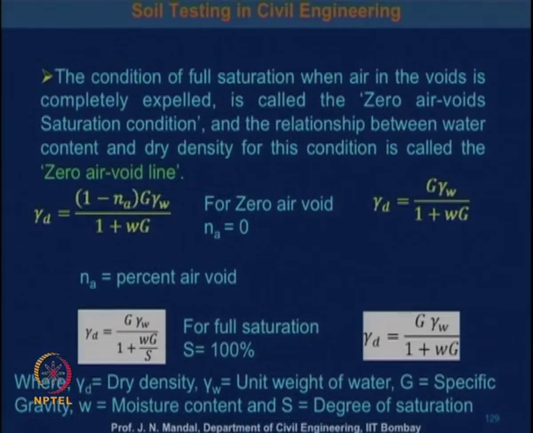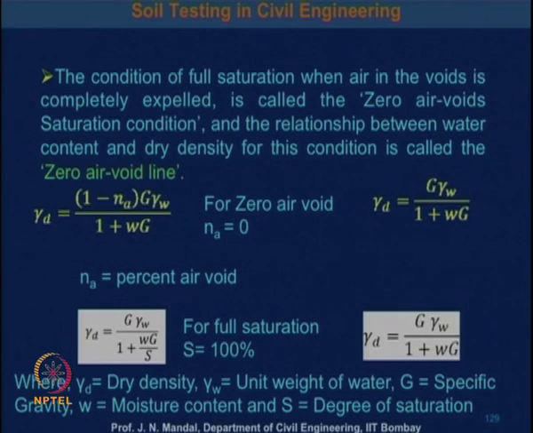The condition of full saturation, when air in the void is completely expelled, is called the zero air void or saturation condition, and the relationship between the water content and the dry density at this condition is called the zero air void line.